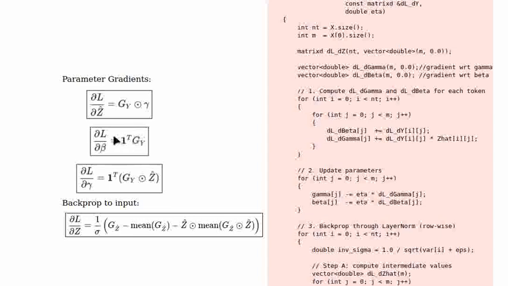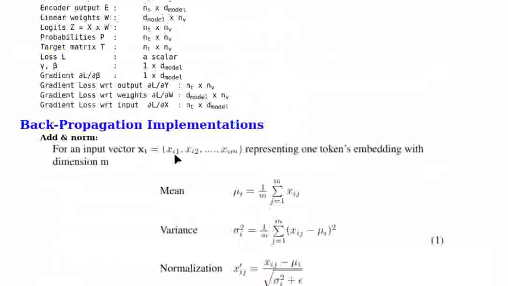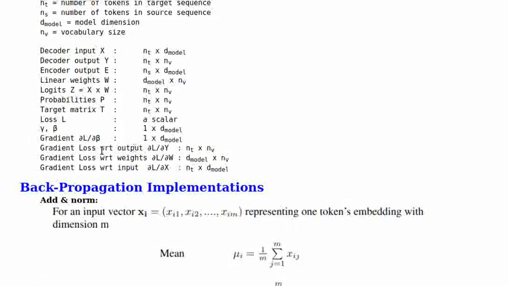That means we sum over the columns, sum over a column of the gy elements to give one value of dL/dbeta. So to iterate, if we have d model columns, then we have d model values for this. So the dimension of dL/dbeta is 1 times d model.